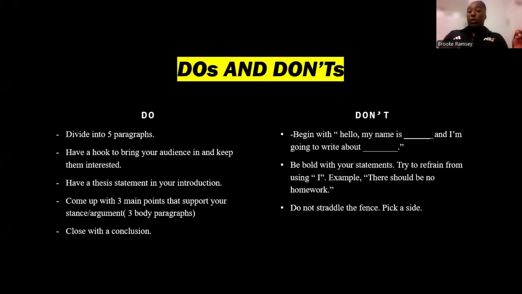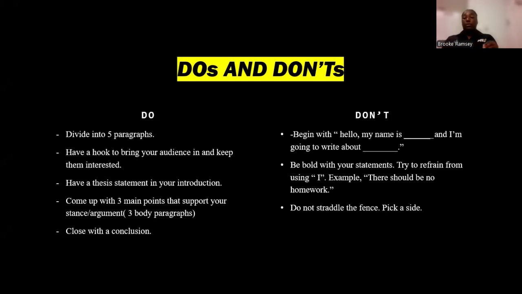We also want to make sure that we are being bold with our statements. We're going to try to refrain from using I. For example, when I say be bold, I say there should be no homework, not I feel that there should be no homework, or I think that there should be no homework.